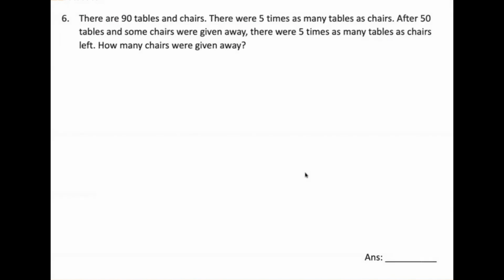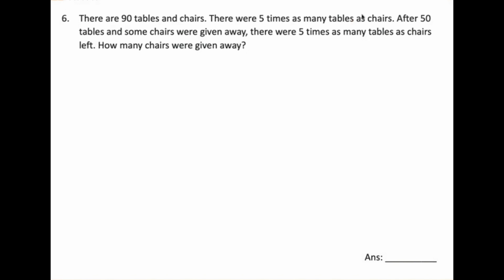Okay, let me do question 6 together with you. Now, there are 90 tables and chairs. There were 5 times as many tables as chairs. So I can say the table is 5 units and the chair is 1 unit. Make sense?